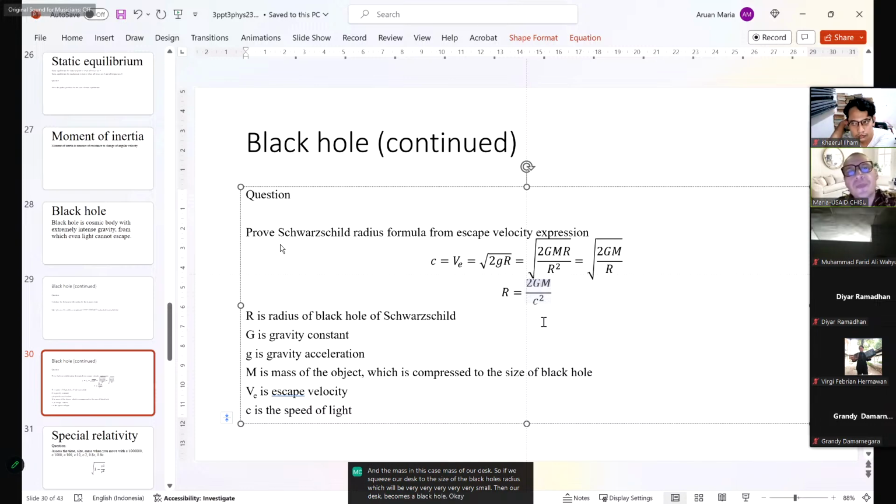So you can make a black hole out of any object. You can make a black hole out of your pen, your laptop, your pencil, everything, according to this theory, as long as you can squeeze it very hard, so it becomes very small.